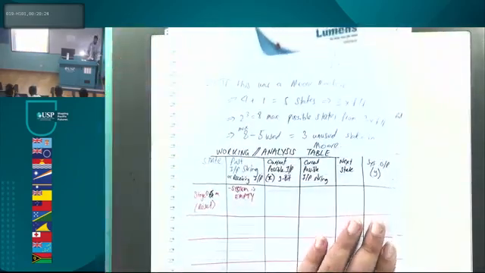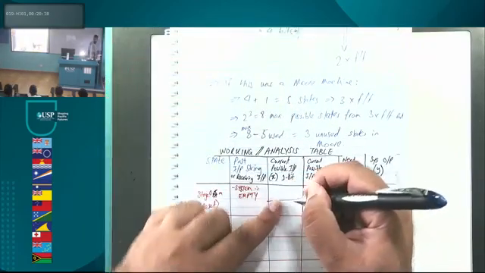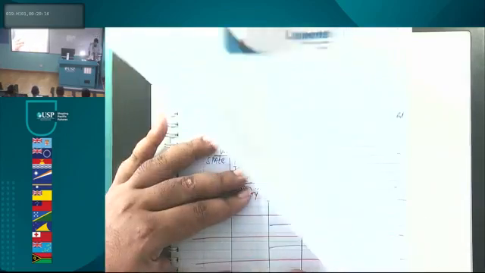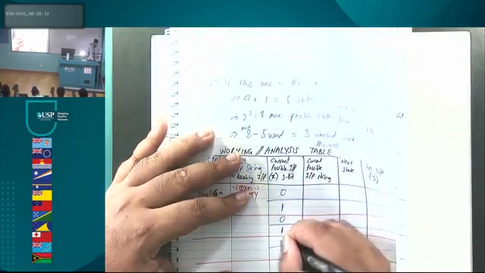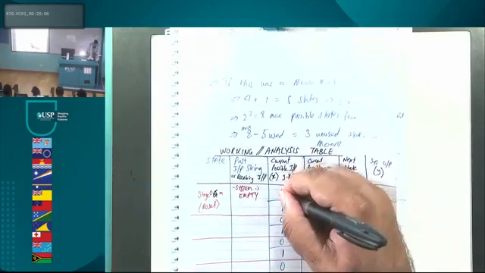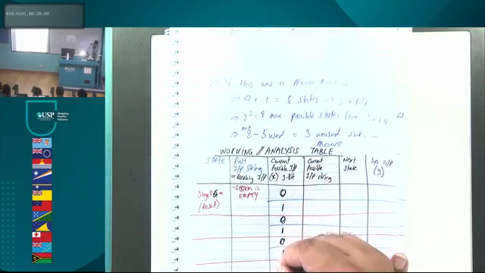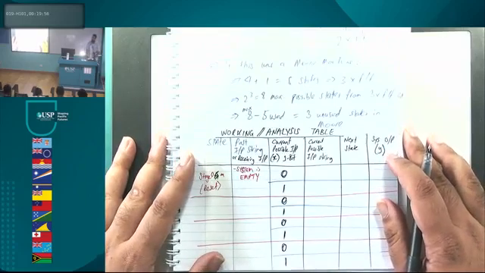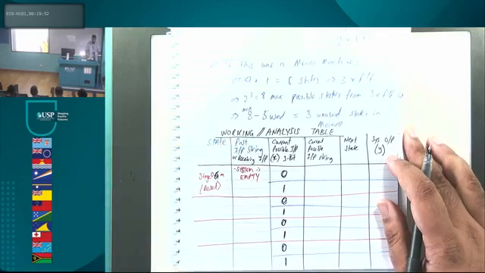Okay, so now, current possible input. Over here, look at this, guys. You can either be a 0 or a 1. Fine?